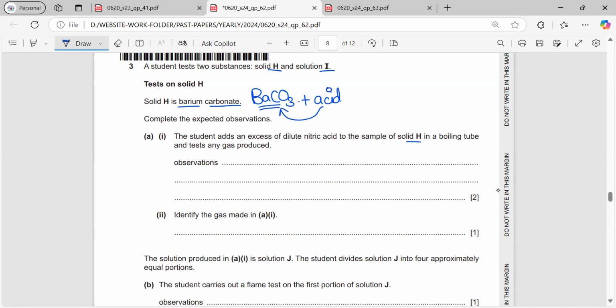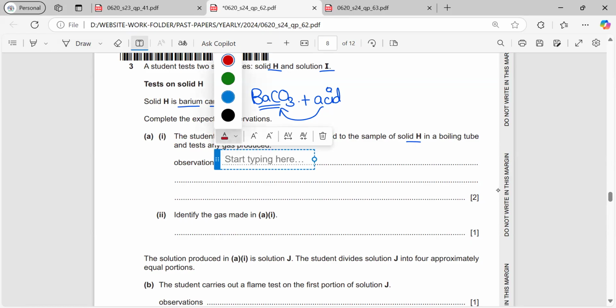So whenever we have a metal carbonate and an acid reacts with it, it always gives carbon dioxide. So if a gas is tested, we will write the answer that a gas is produced which turns lime water milky.